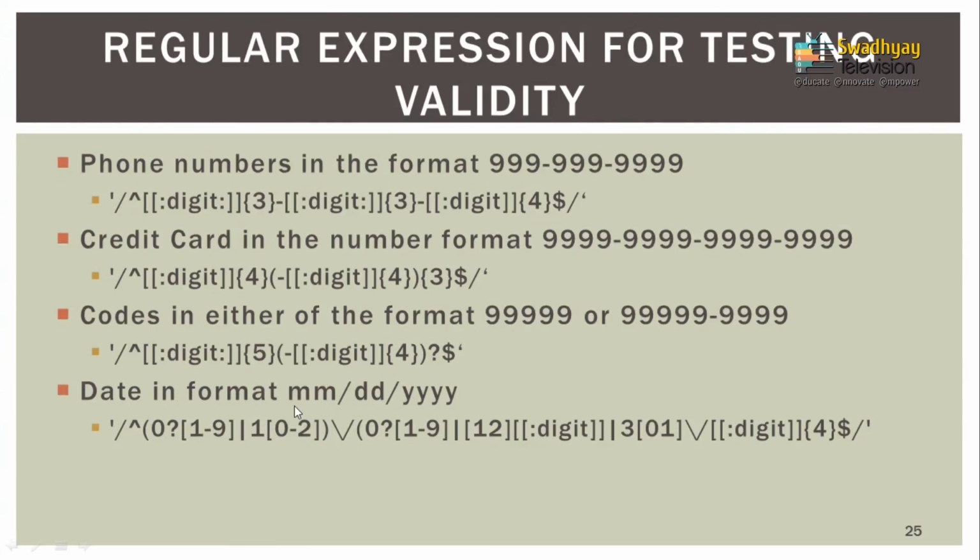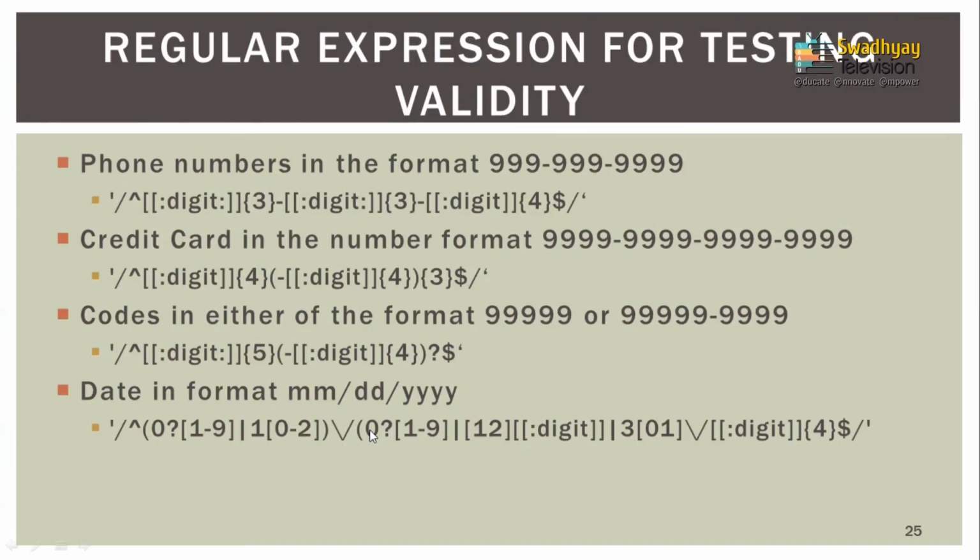The date should be in MMDDYY format. Now we know that the month cannot be greater than 12, so here it should be the beginning of string, 0 and question mark, so the character before the question mark is optional. Then it should be either 1 to 9, or it can be 10, 11 or 12, so 1 and a 0 to 2 range. Then match the slash with a backslash and slash.